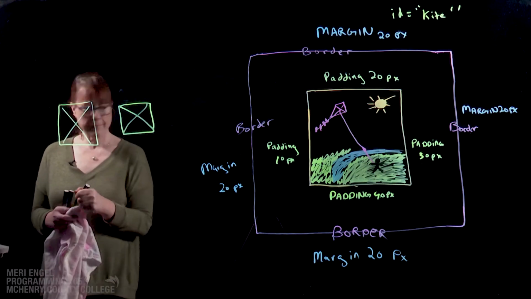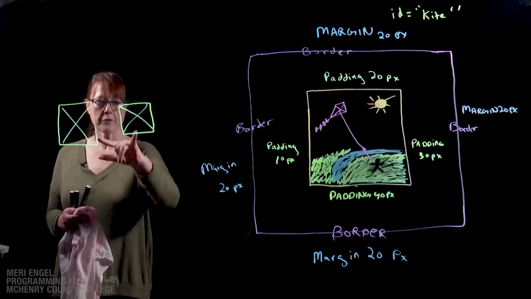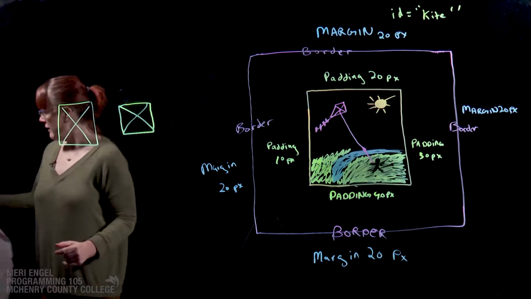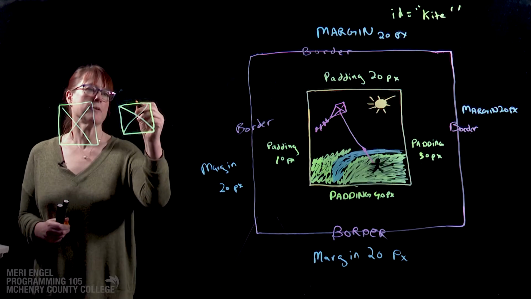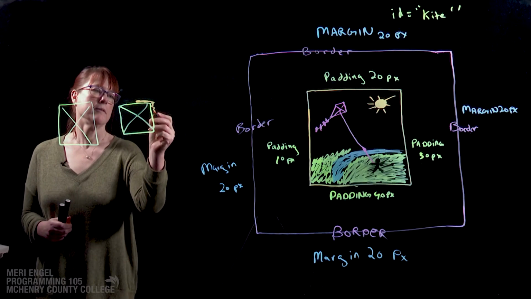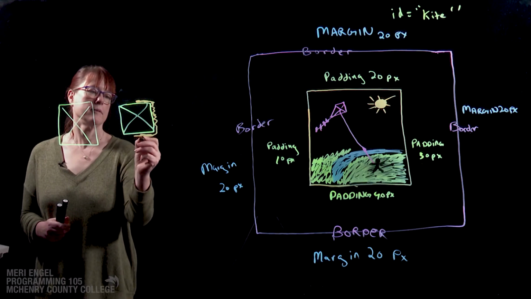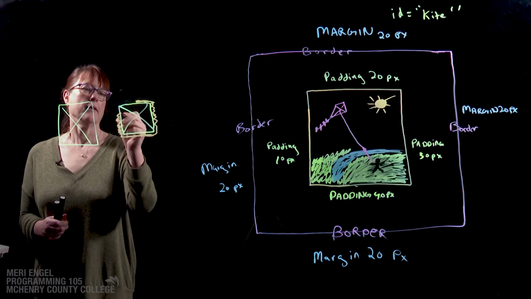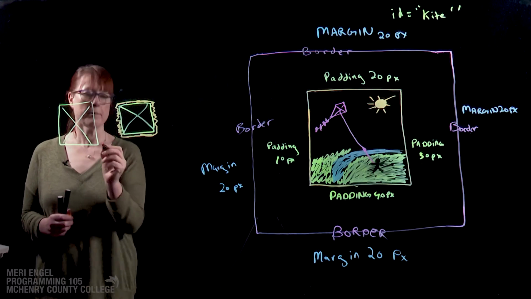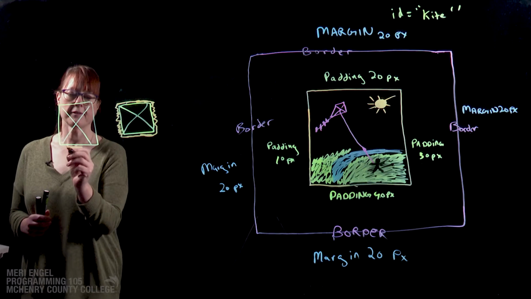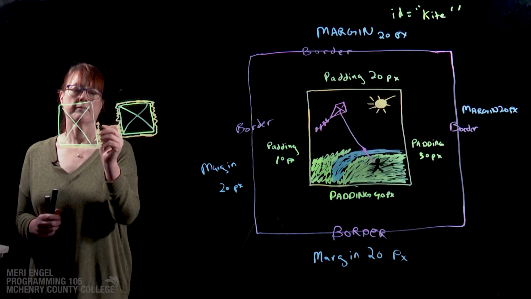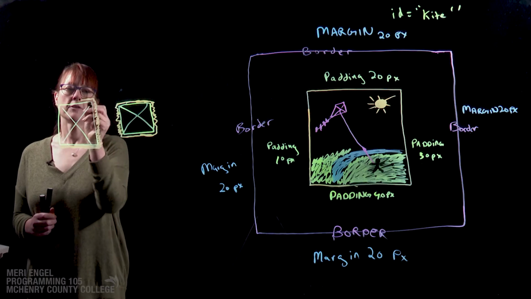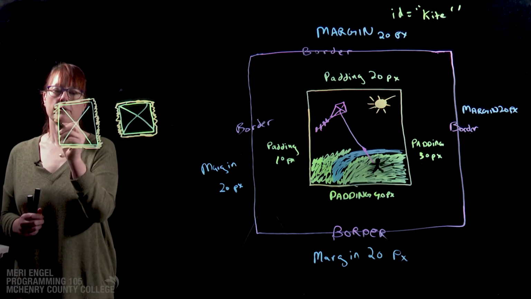So normally, and I'm going to use the same colors here to show you. So the content here is green. Then we would have our padding, which I'm going to represent as orange, that surrounds it. And then if we had a border, and I'm going to pretend to in both of these cases, so padding, and we'll do a pink border.